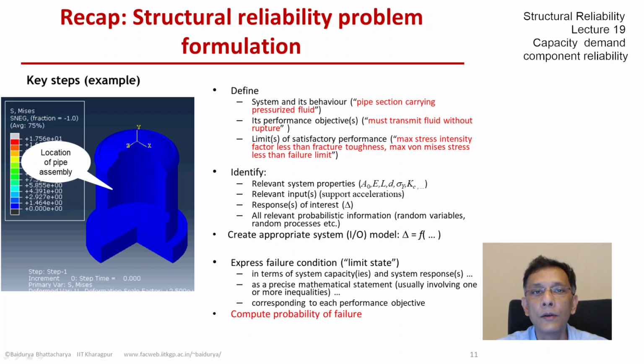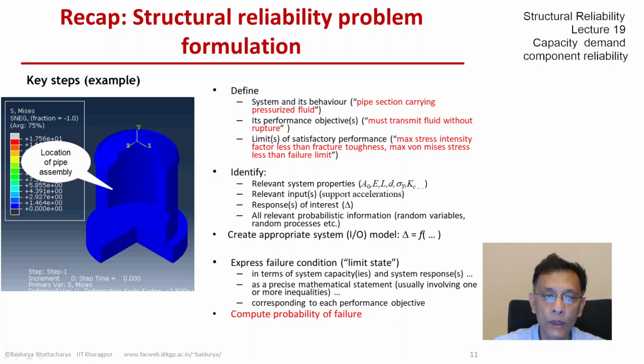We identify very clearly what it is supposed to do, have a mathematical statement of that requirement, identify all the parameters that let me write the mechanics of the system, identify all the relevant random behavior, all the random variables, stochastic processes.